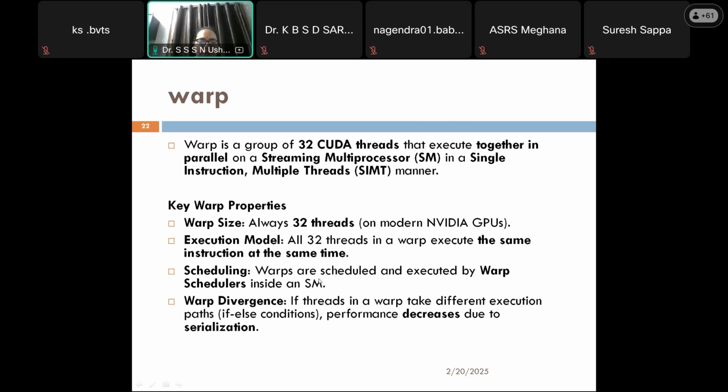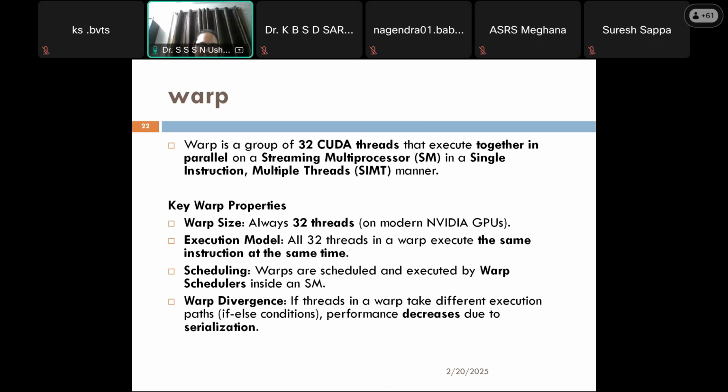Scheduling: warps are scheduled and executed by warp schedulers. That means there is a specialized scheduler designed for this, based on how many threads it can execute. Now people are proposing different types of schedulers also.